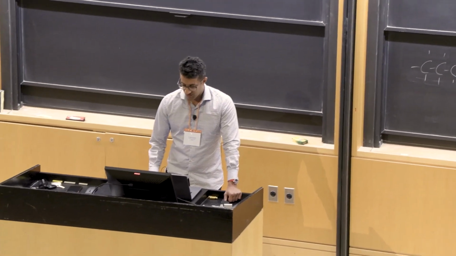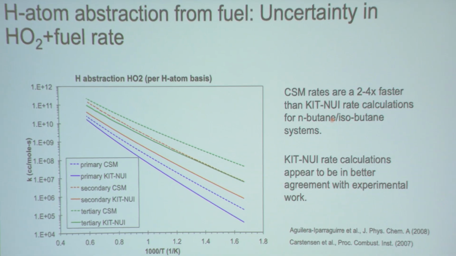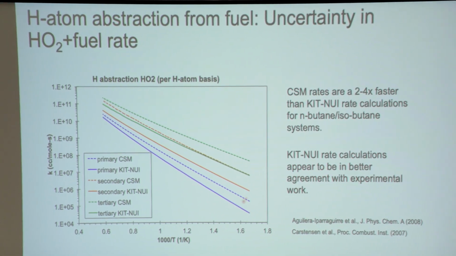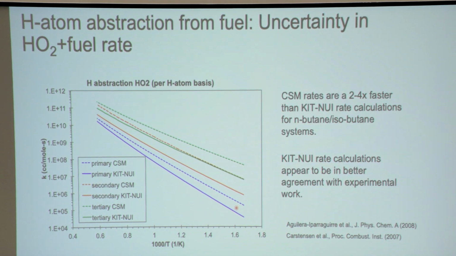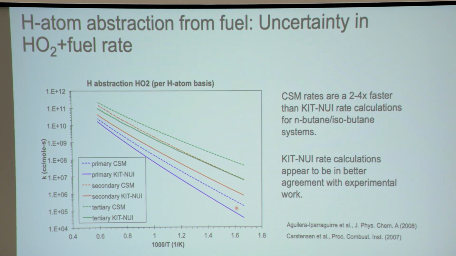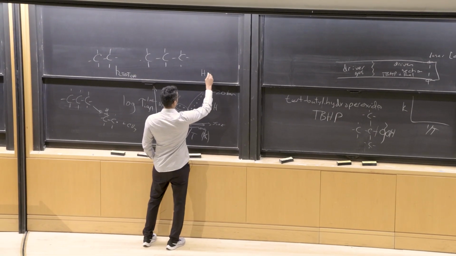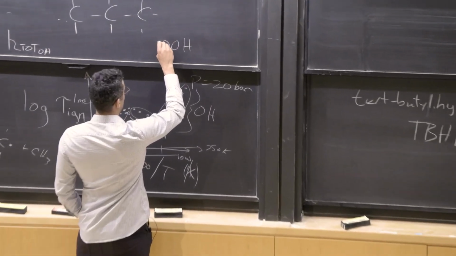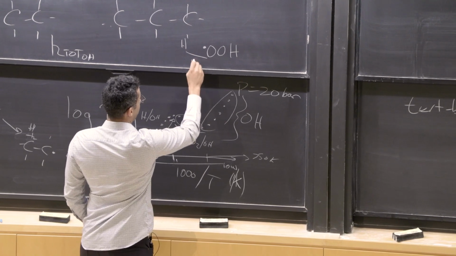We rely on calculations. These are just some calculations from different groups like Karlsruhe and Galway. And typically the calculations are off. There are differences of factors of 2 to 4 times. The calculations are complicated because HO2, as it comes in and tries to pull a hydrogen, this oxygen group forms a hydrogen bond.